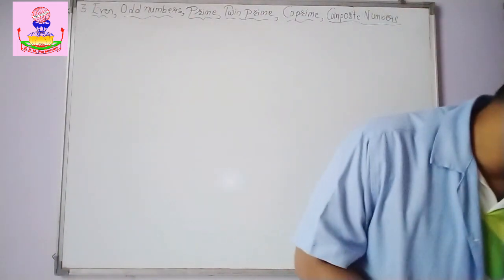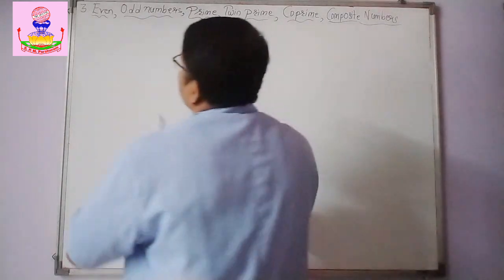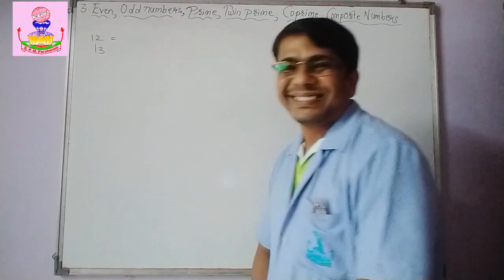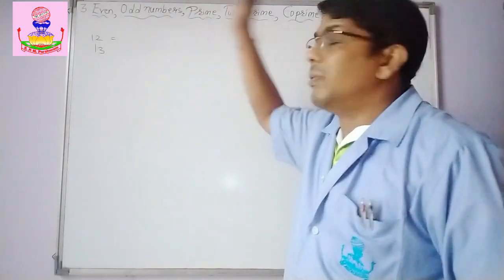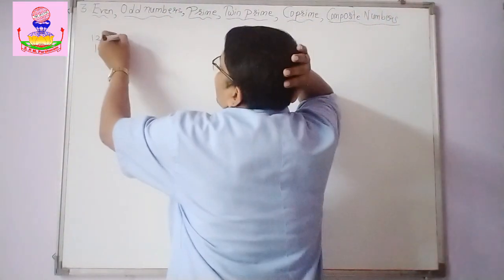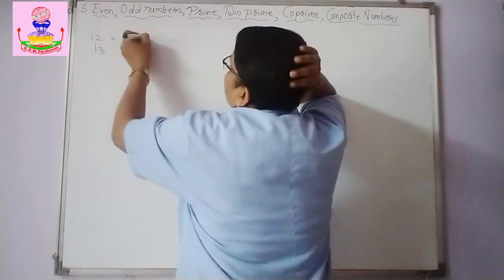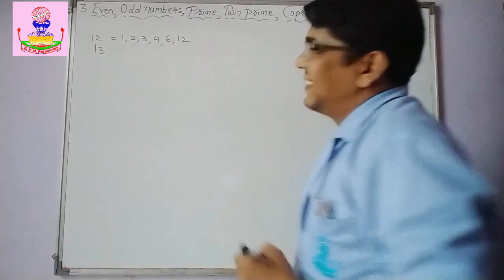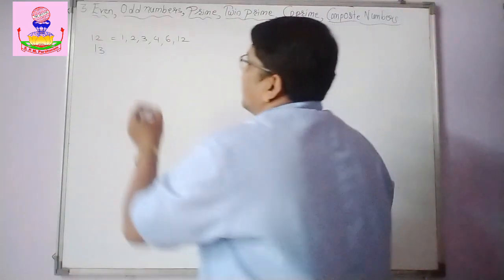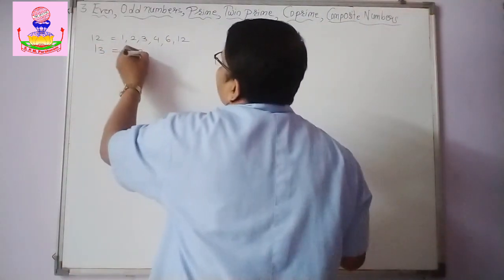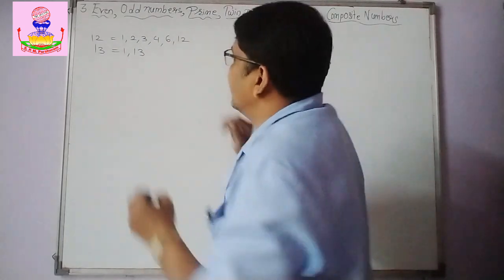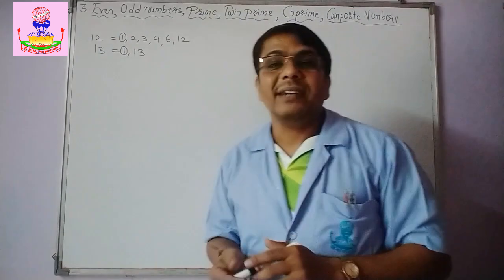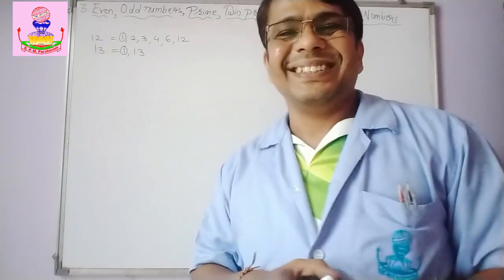For example, if I say 12 and 13, now what are the divisors or factors of 12? 1, 2, 3, 4, 6 and 12 itself. What are the factors of 13? 1 and 13 itself. What is common between these two? It is only 1.